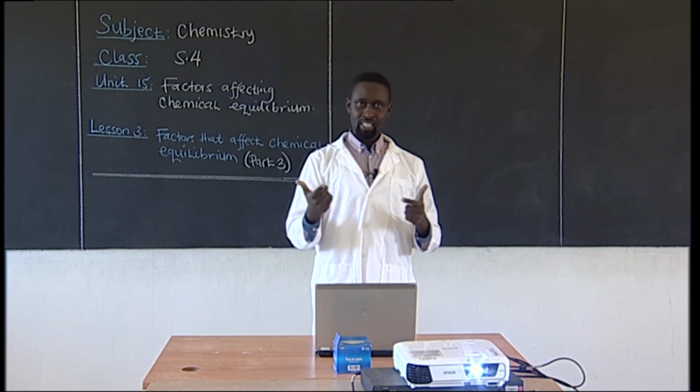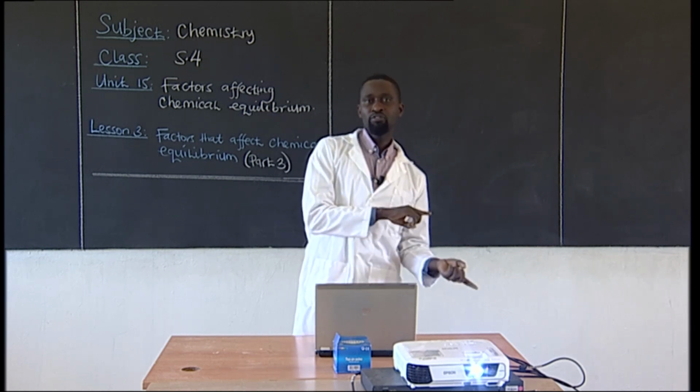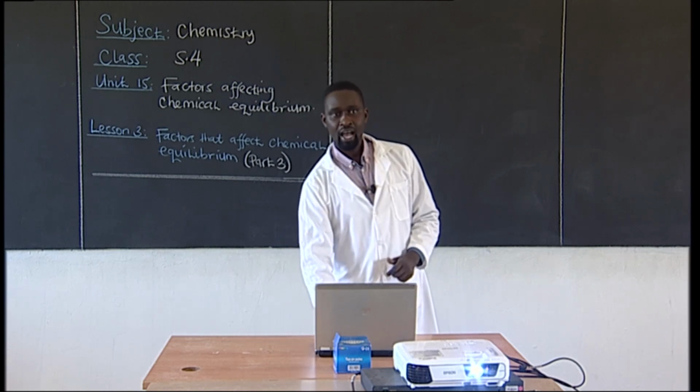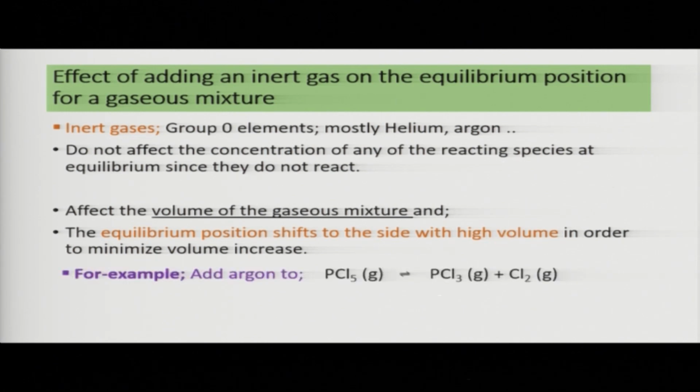As it increases, to minimize that aspect, the equilibrium moves to the side with higher volume, or the number of moles. Let's take an example. That is for you. If you add argon in that case, this is left-hand side, this is right-hand side. What will happen?